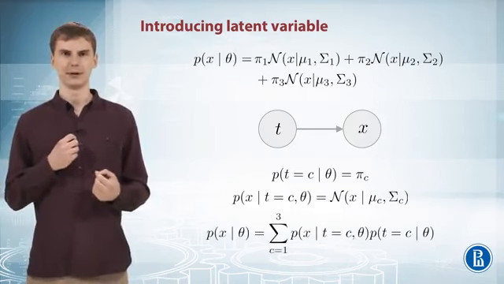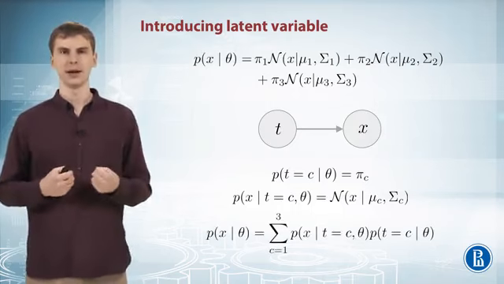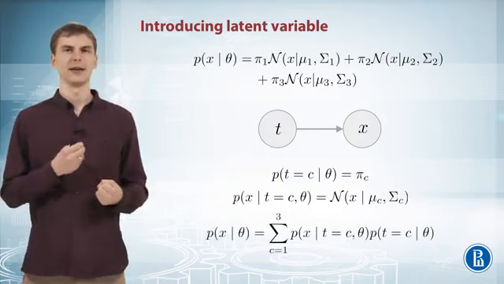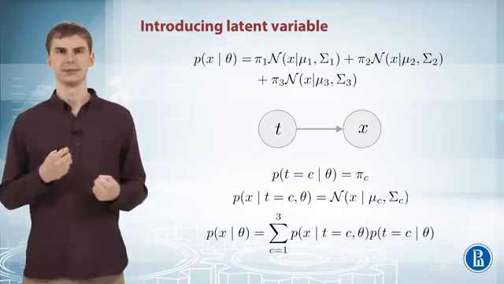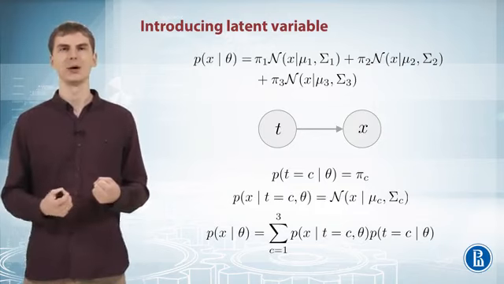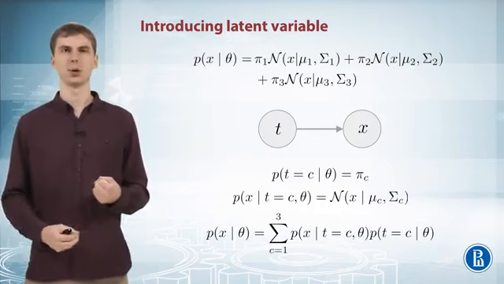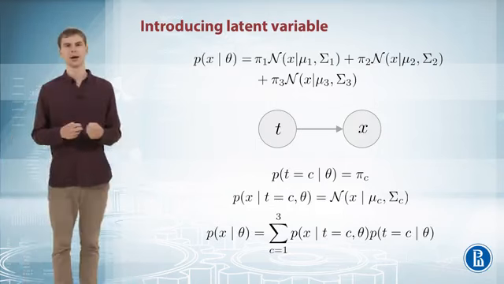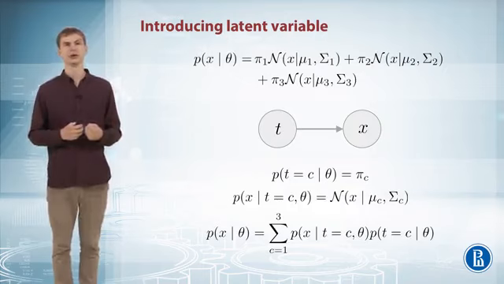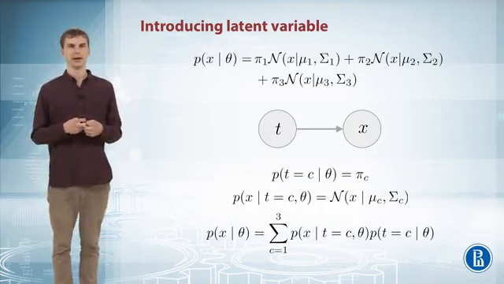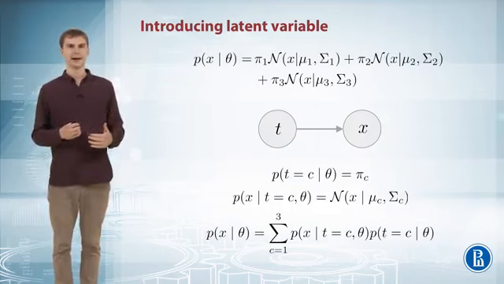It's just the rule of sum for probabilities, and it says that p of x given theta equals the sum with respect to t. So we are marginalizing out t. We are summing over all possible values of t, from 1 to 3, the joint distribution p of x and t, which equals the likelihood times the prior. And if you substitute the definitions of the prior and likelihood into this summation, you can see that this last formula on this slide is exactly equal to the first formula.